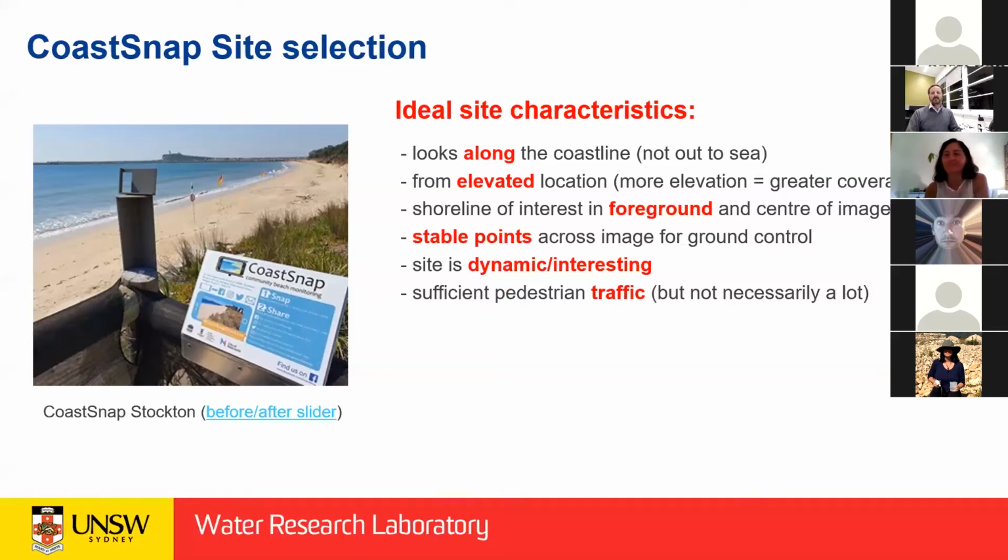Next thing, sufficient pedestrian traffic. Obviously you need a place that's discoverable. I would say though that pedestrian traffic is not the be all and end all. As long as you empower at least one or two community members to take their regular photos, it doesn't matter if you don't have a lot of pedestrian traffic.